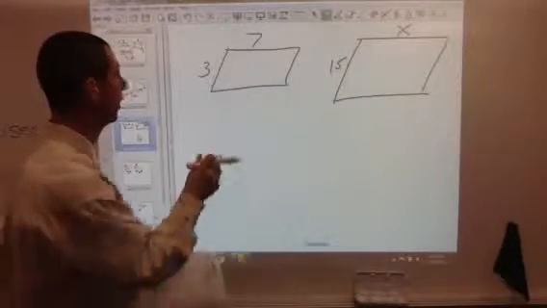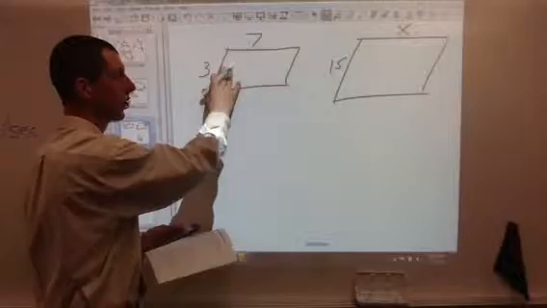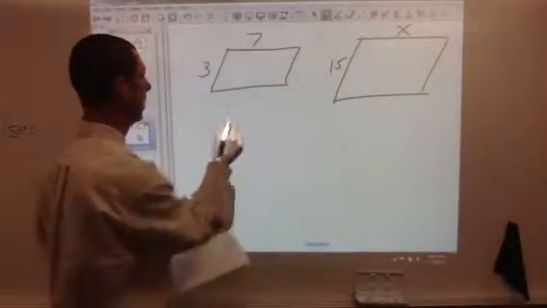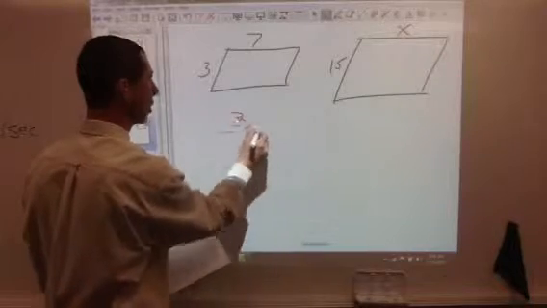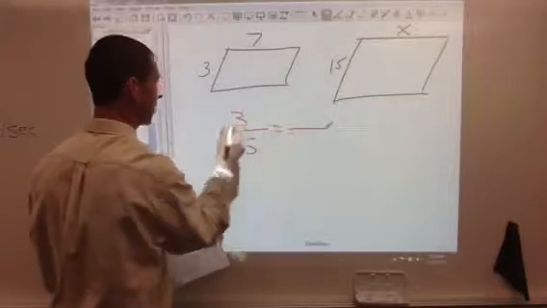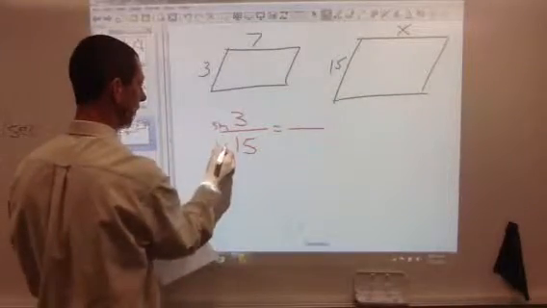Same scenario. Let's take a corresponding side from the small that has a corresponding side from the larger one given. In this case, 3 corresponds with 15. All right, and this was off the small one, this was off the larger one.